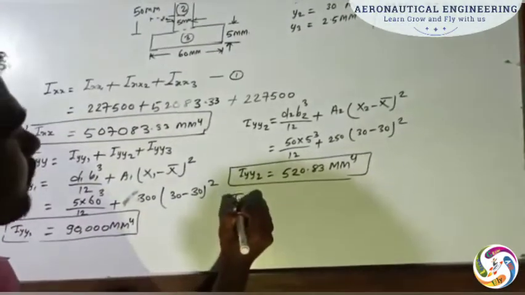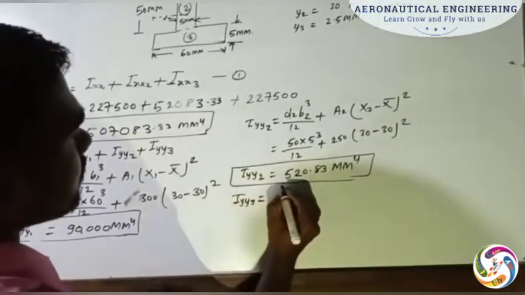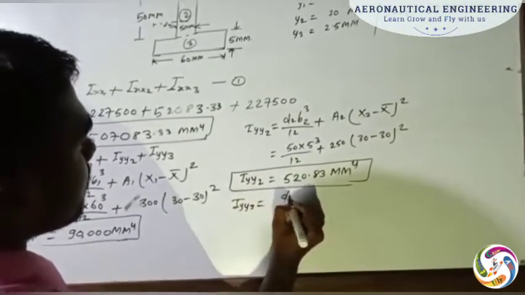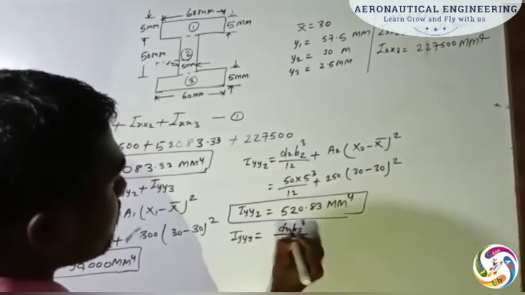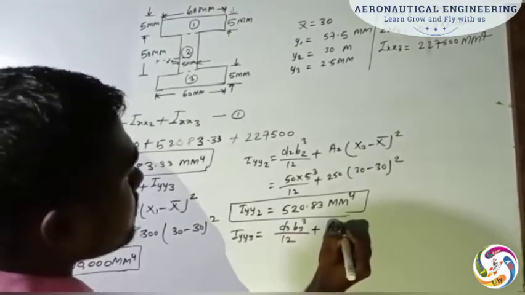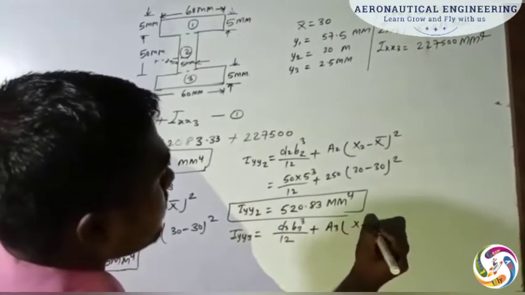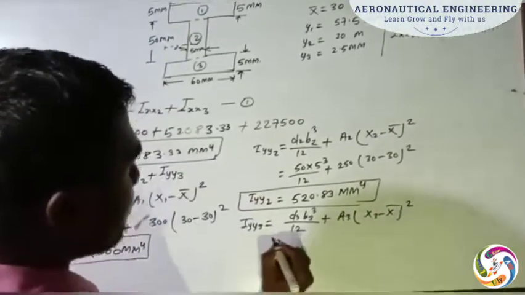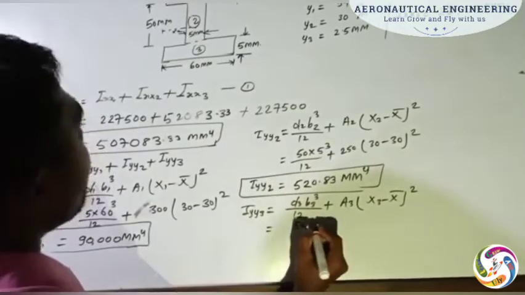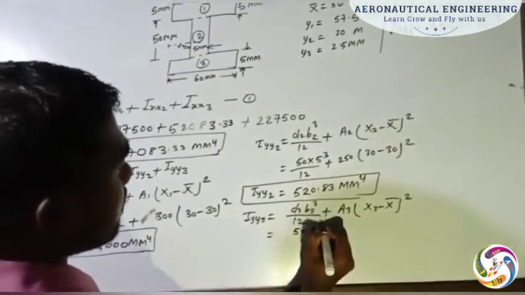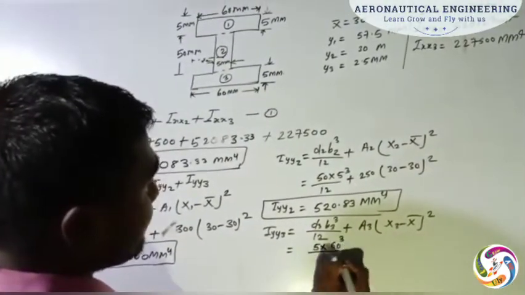Similarly Iyy3 for the third section. So d3 b3 cube upon 12 plus A3 (x3 minus x bar) whole square. D3 value is 5 and b3 value is 60.